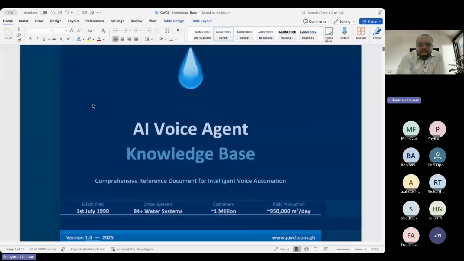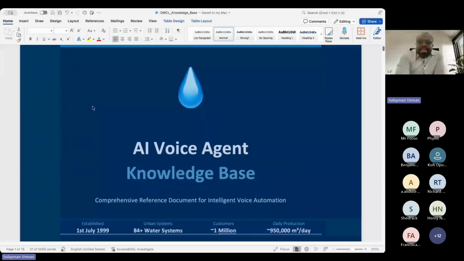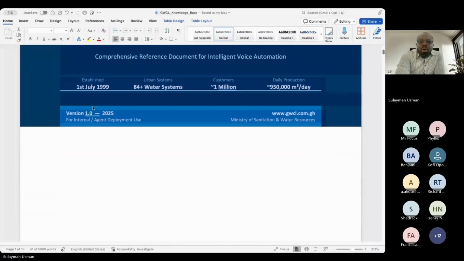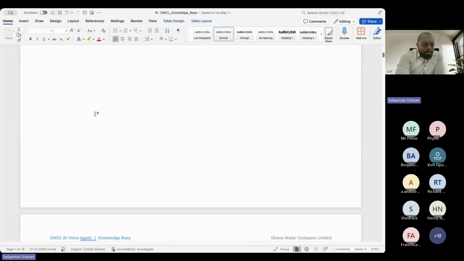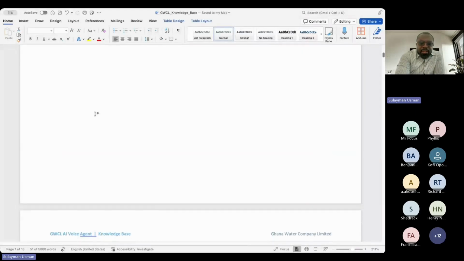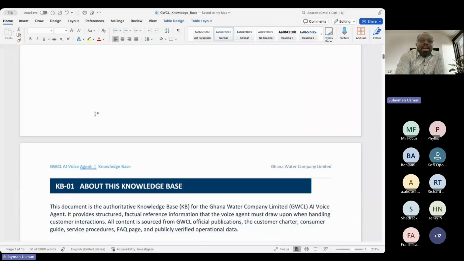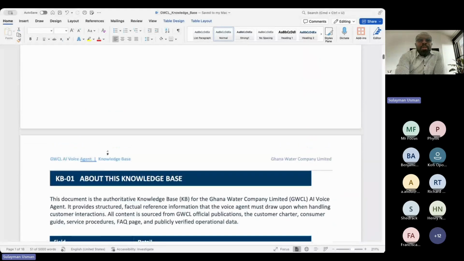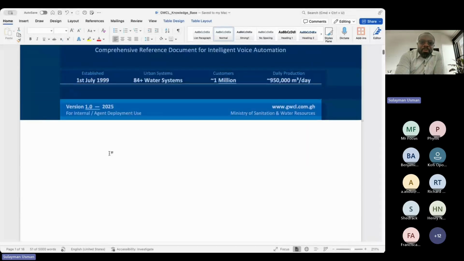So now this is the knowledge base. It goes into details on everything that the agent can reference in terms of answering questions. For example, if someone reports something, they have to record it somewhere, whether in a table form or in databases.